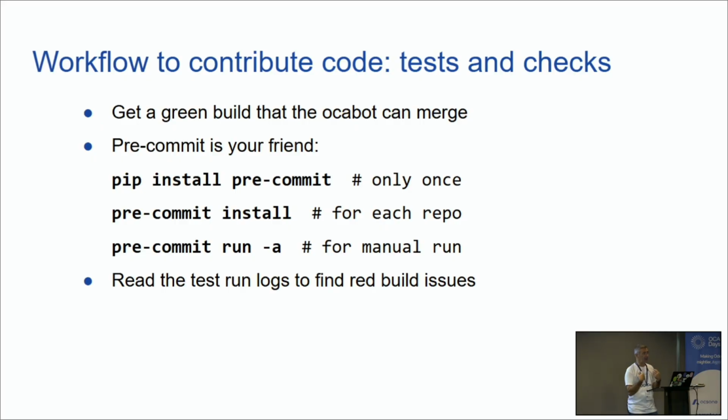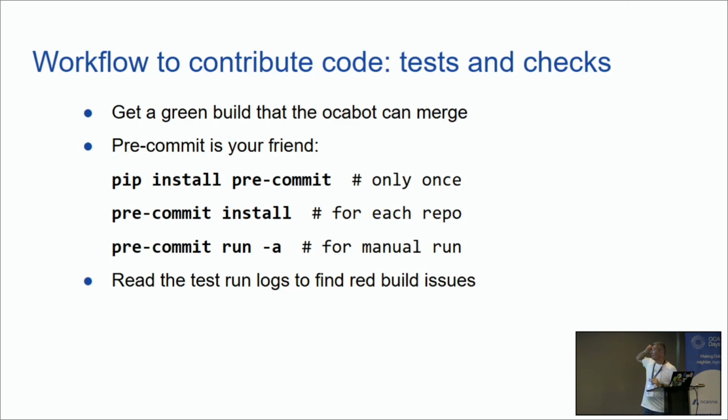So if you install the pre-commit tool on your computer, when you clone a repo, you need to, inside it, run pre-commit install. When you do that, every time you do a commit, it will automatically trigger the checks. If you did some code formatting, not mistakes, but not aligned with what the OCA has, like big lines, the way you break lines, the parentheses, those kinds of things, it will do it for you most of the time automatically, the formatting.